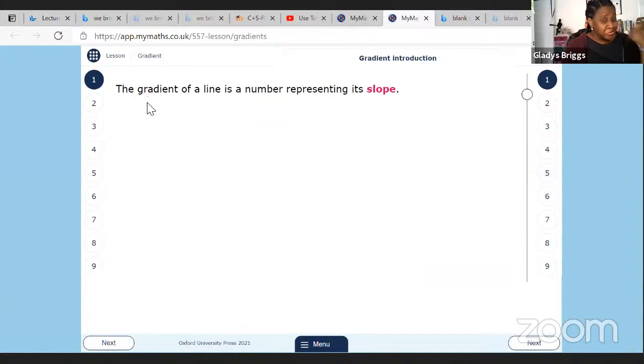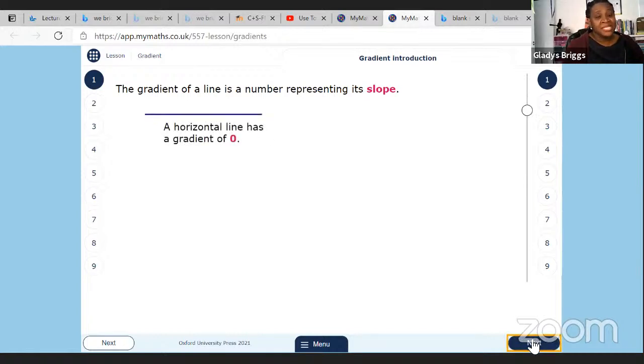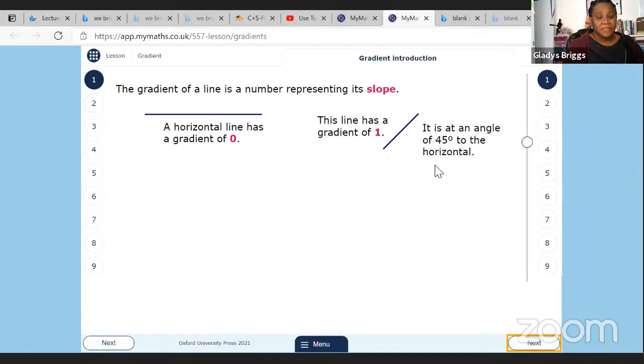So I already told you when you were doing foundation maths that the gradient is the same thing as the slope. It represents the steepness. You can have a horizontal line that has a 0 gradient like this one. This line has a gradient of 1 because it's at an angle of 45 degrees.